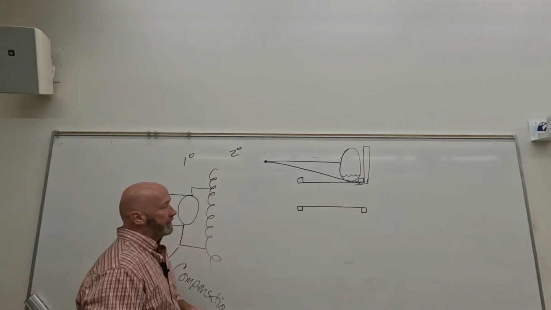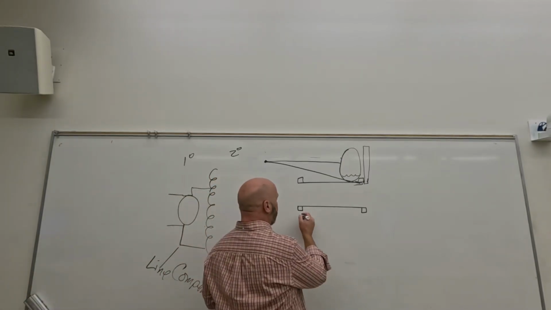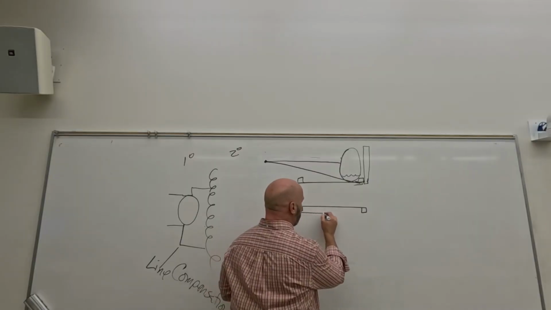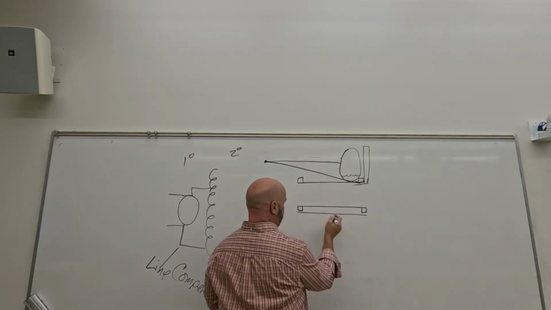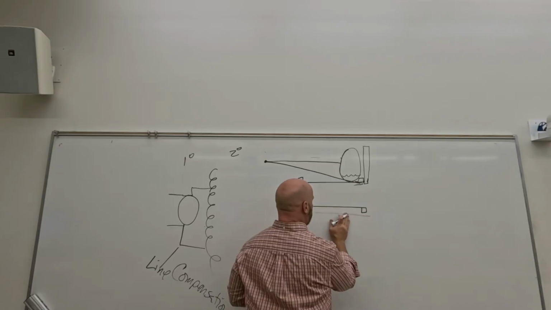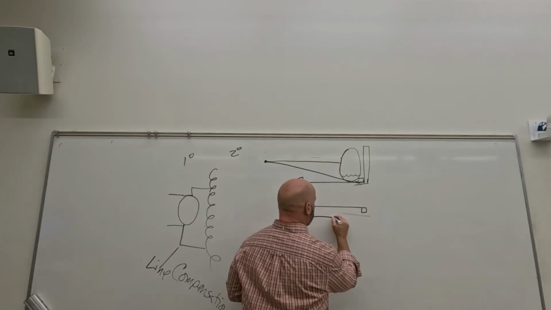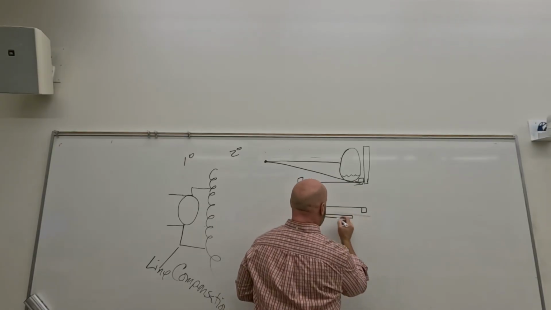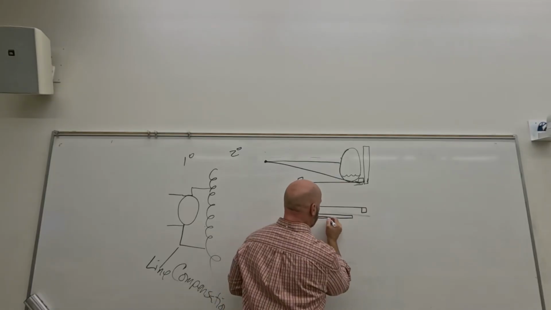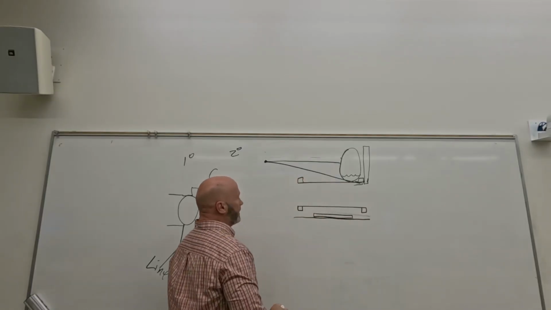The benefit to those, though, is that if the bucky has to clear these, well, let's say the image receptor is here, so the bottom of the bucky tray is here.